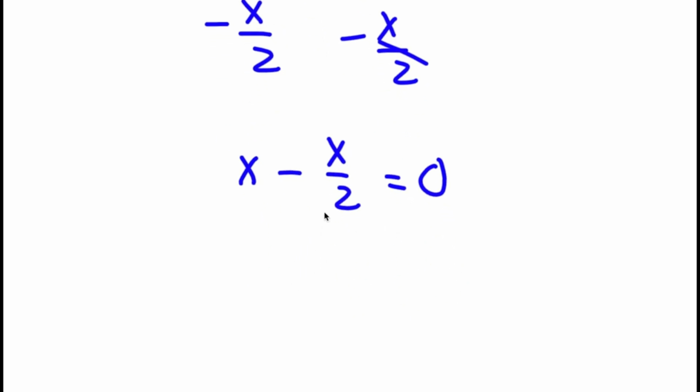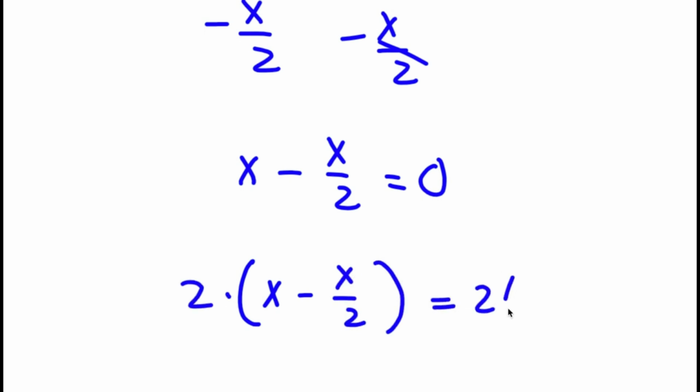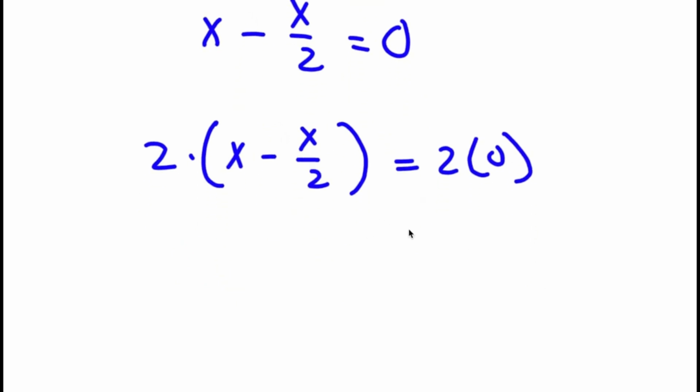Now, I'm going to multiply both sides by 2. So now I have 2 times (x minus x over 2) is equal to 2 times 0. So for 2 times (x minus x over 2), I'm simply going to distribute the 2 to all terms in my parentheses here.